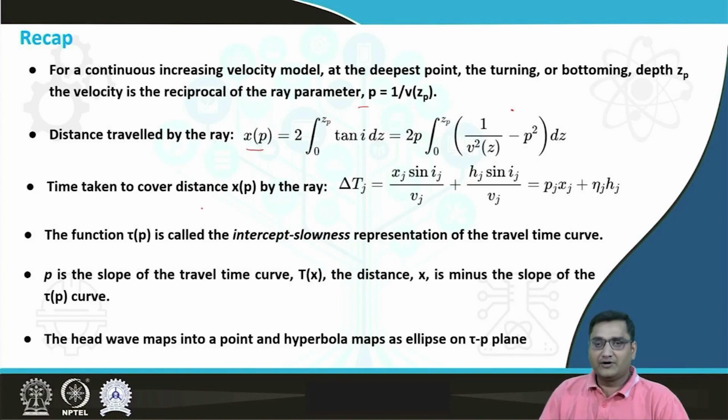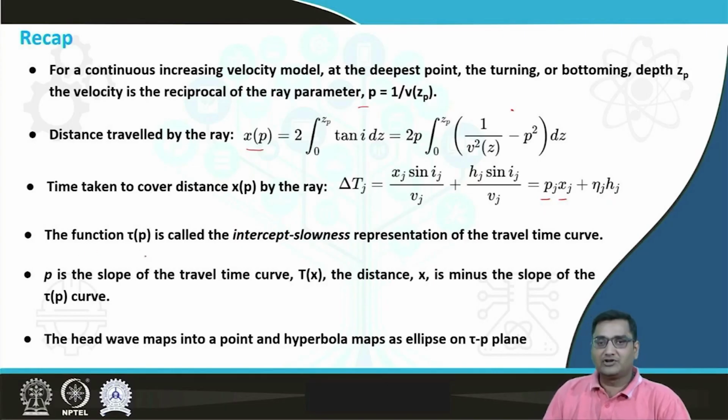Time taken to cover distance xp by the ray can be written in the form of vertical and horizontal ray parameters. So the total travel time will be equal to the horizontal ray parameter multiplied by the horizontal distance covered by the ray, plus the vertical ray parameter multiplied by the vertical distance covered by the ray in each of the layers.